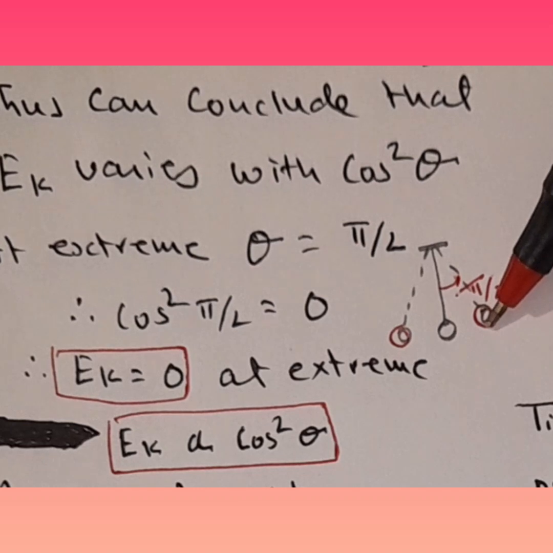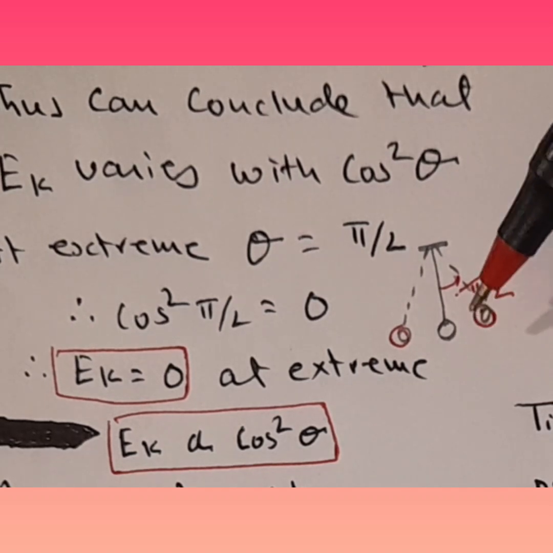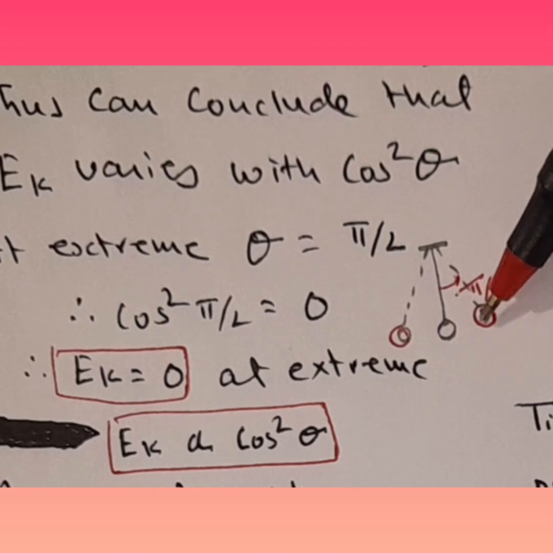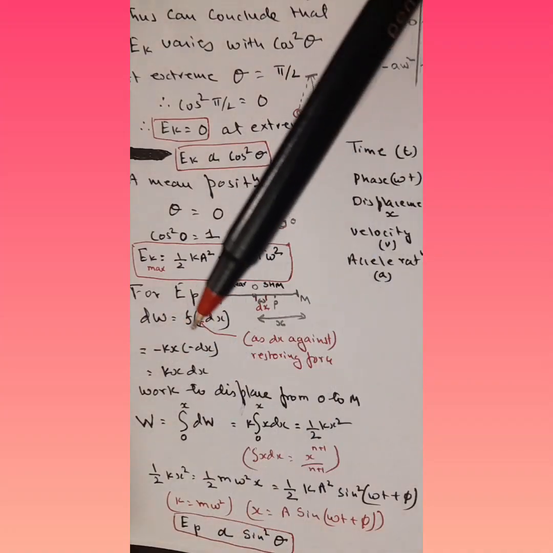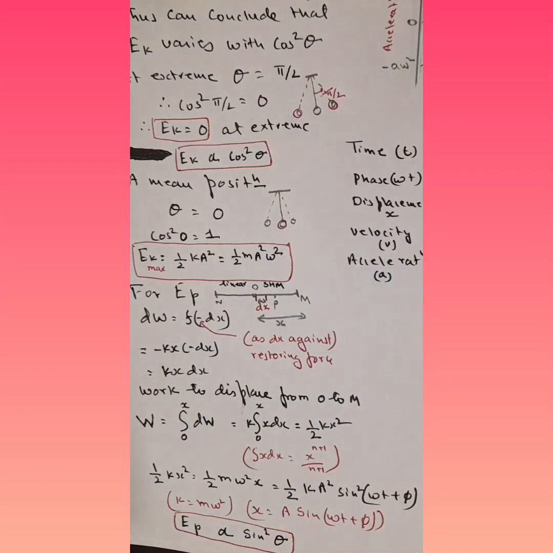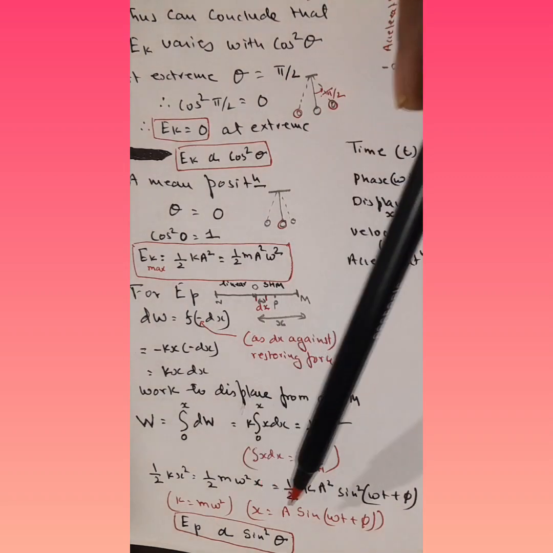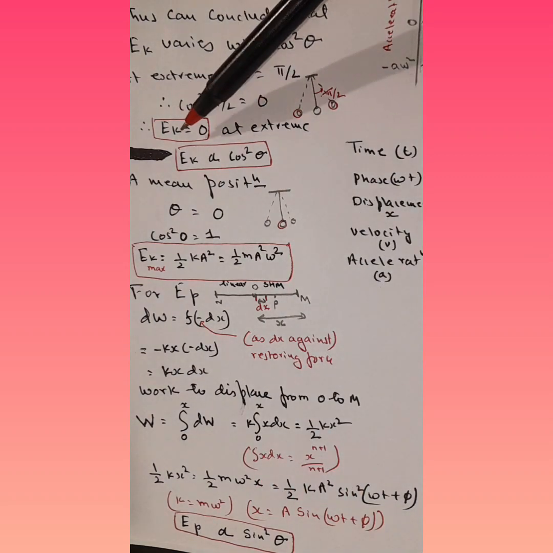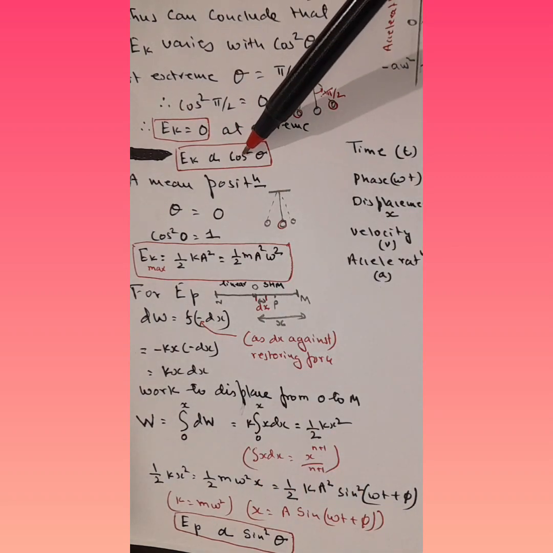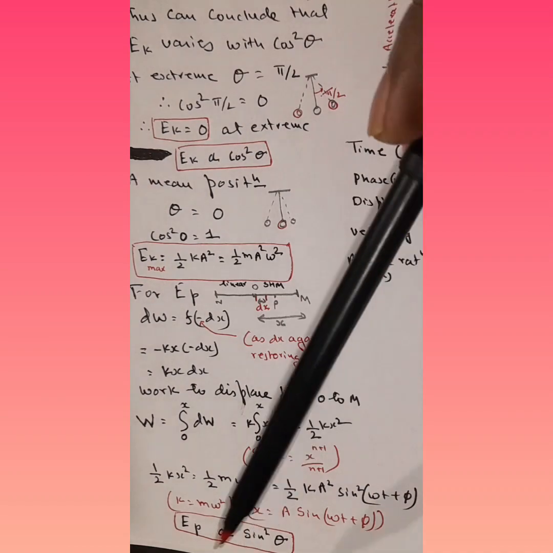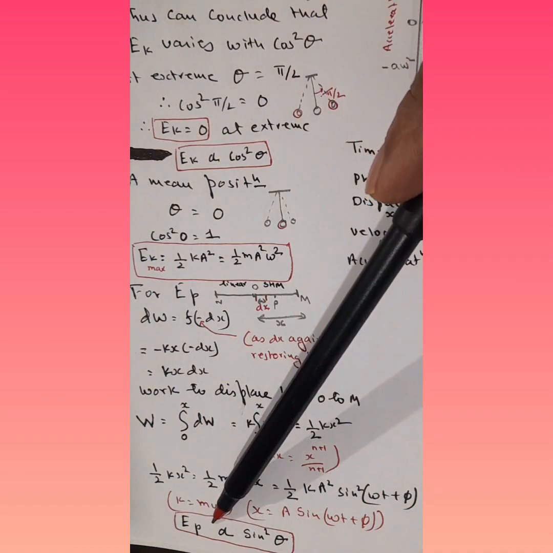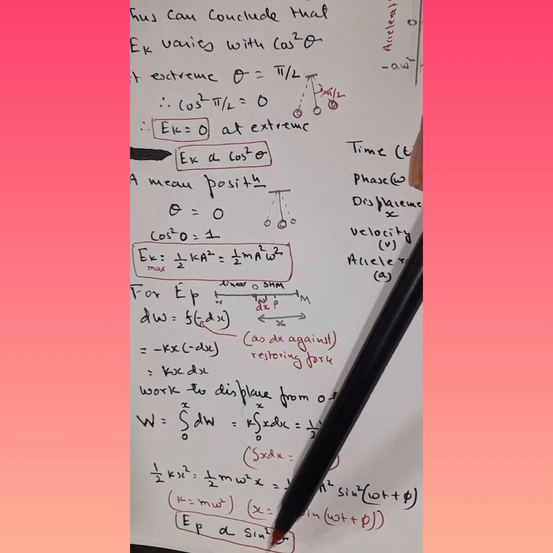We know at extreme position velocity is 0. So obviously kinetic energy should also be 0. Alright, and if kinetic energy is 0, then the potential energy has to be maximum. Because Ek is proportional to cos square theta and Ep, that is potential energy, is proportional to sine square theta.